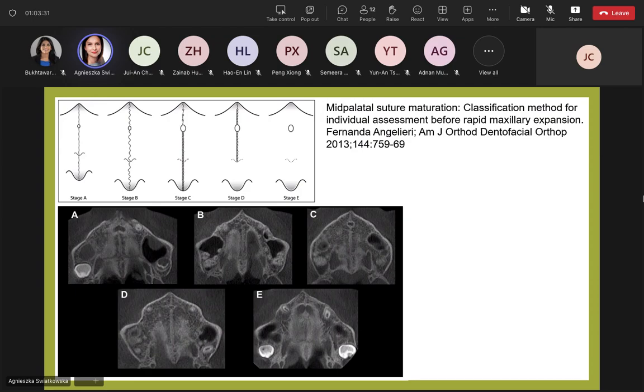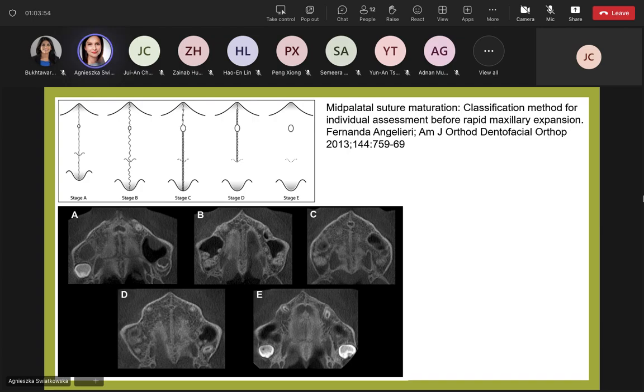But also we can expect that an older patient will have the same stage because there's a huge variation, a huge irregularity in the closing of this suture.